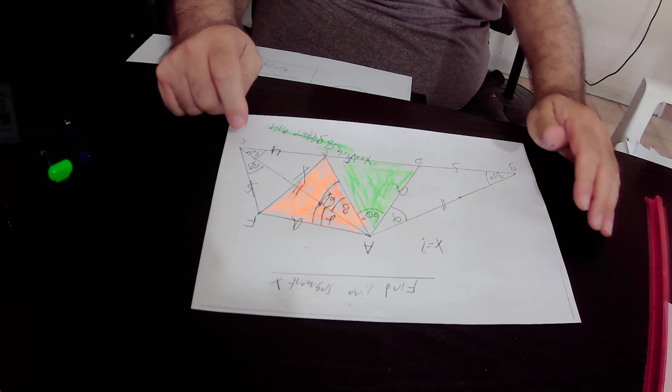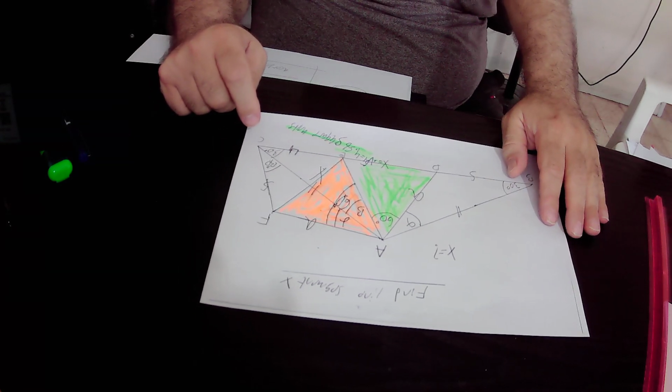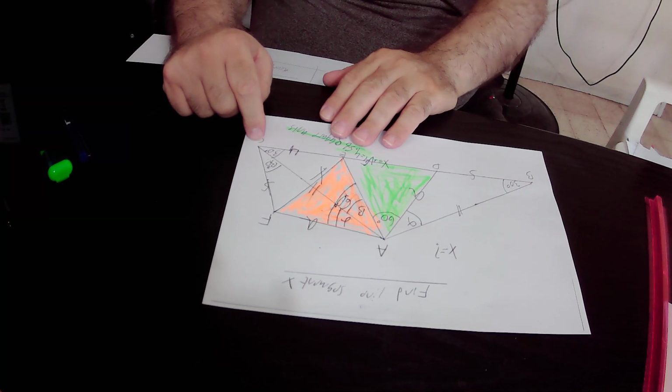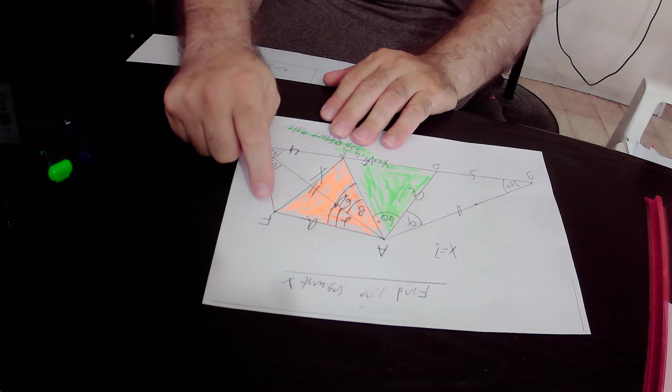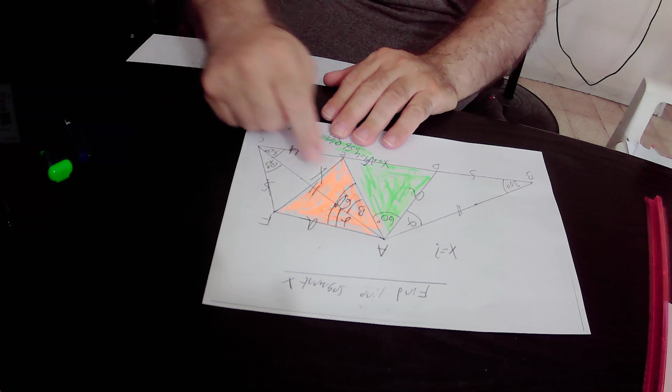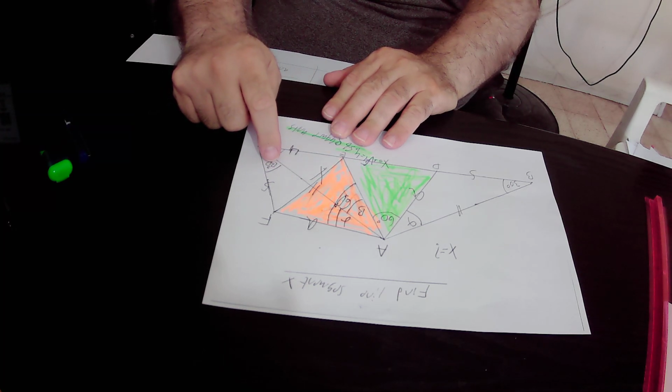The second construction that we did is from point C. We draw a straight line in such a way that the angle between the straight line and side CA will be equal to 30 degrees. So this angle equals 30 degrees according to our construction.